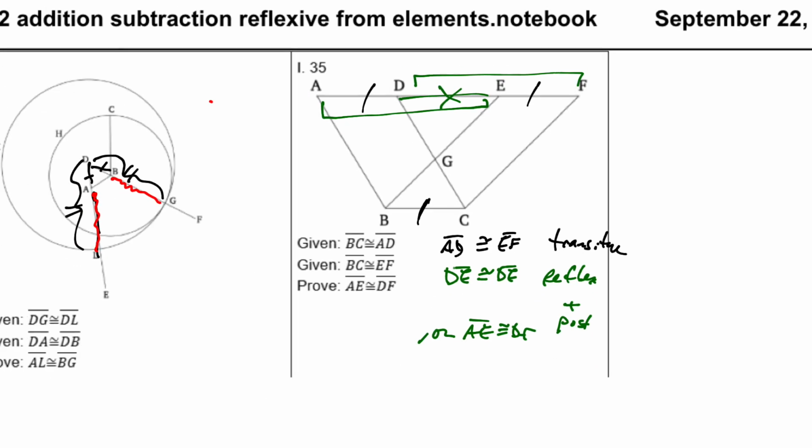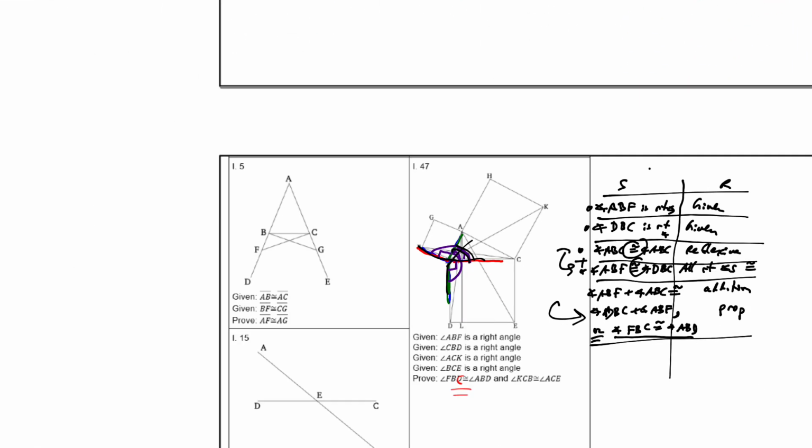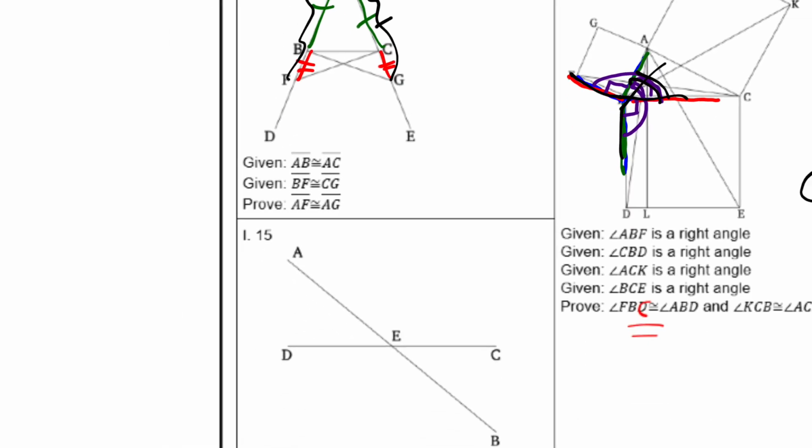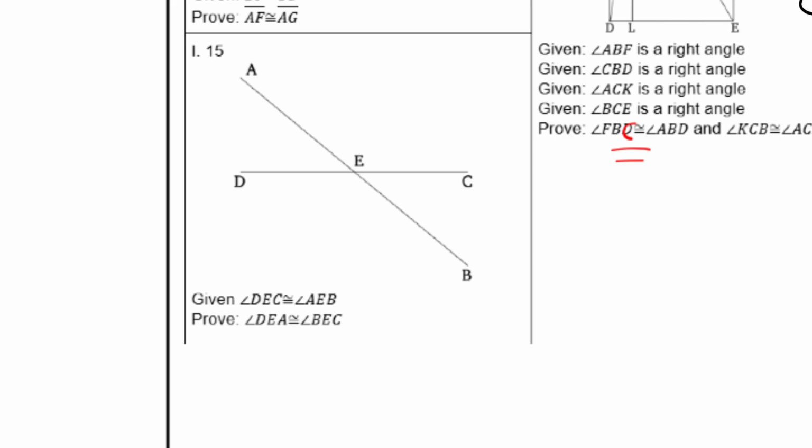So these are all things that happen in Euclid's Elements. Over here, we're given that this is congruent to that, and also that this is congruent to that. So we're going to be able to use addition to conclude that the entire piece is congruent to the entire piece. And over here, we're given that DEC is congruent to AEB. Those are both 180 degree angles.